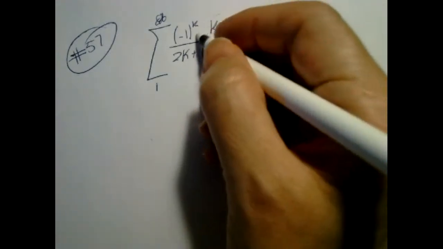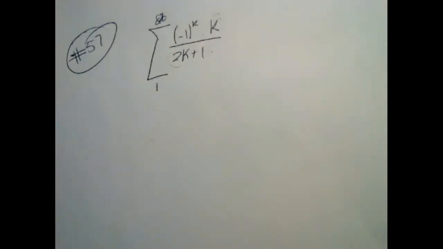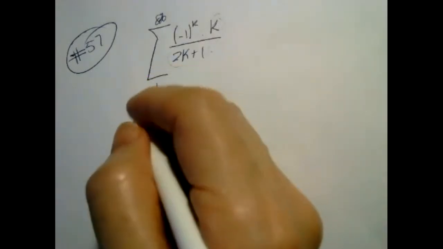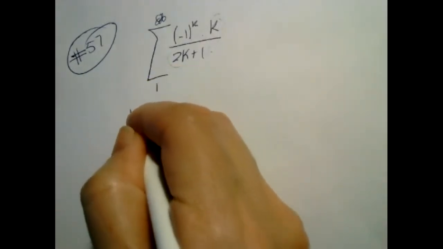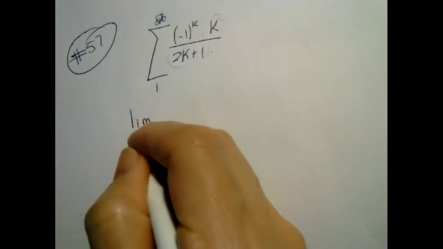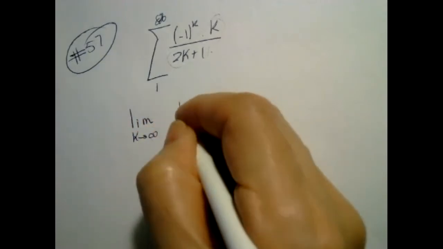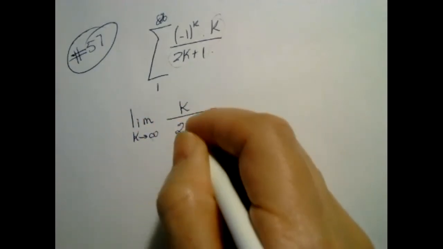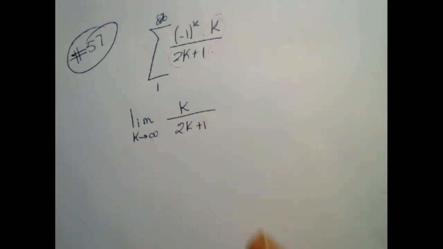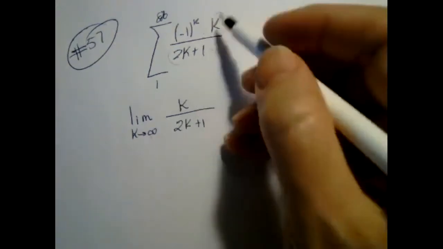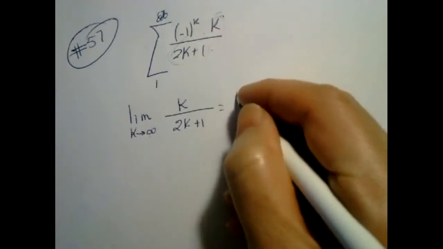Let's watch very carefully, because a lot of the time you have to look at the terms. Let us look at the limit as k goes to infinity of k over 2k plus 1. So I look at this series and immediately I look at those terms.